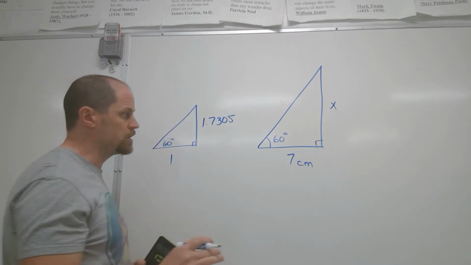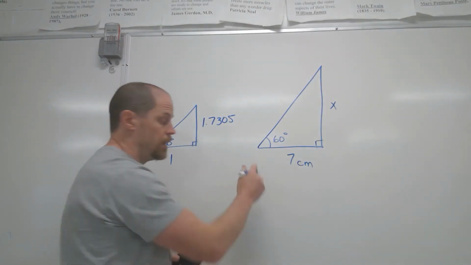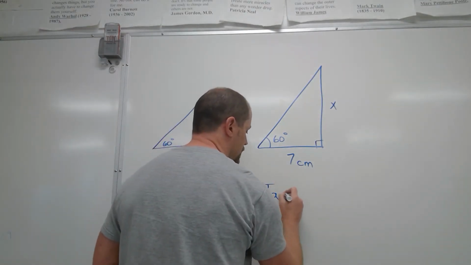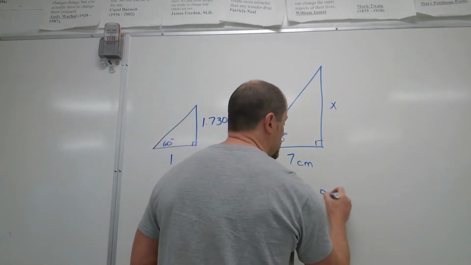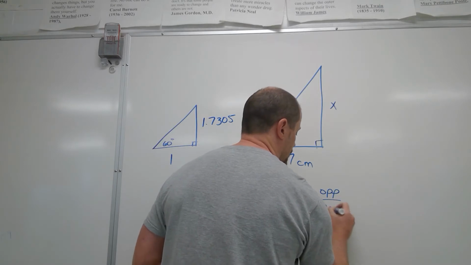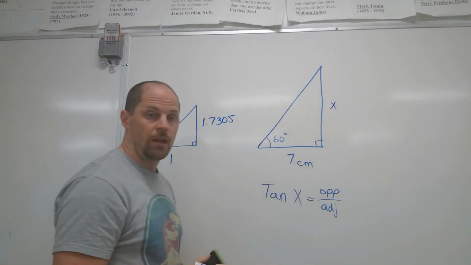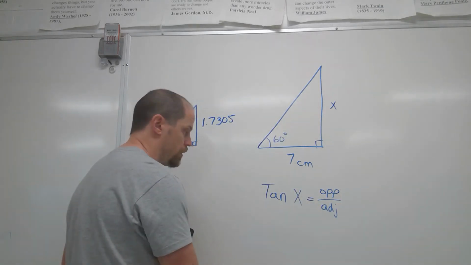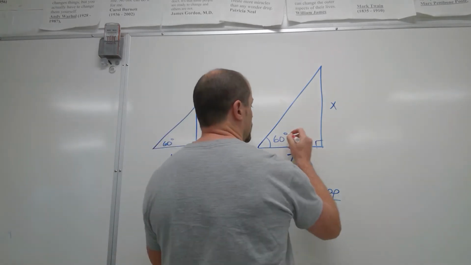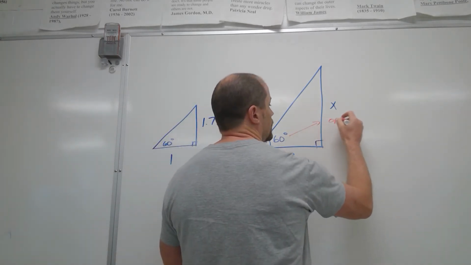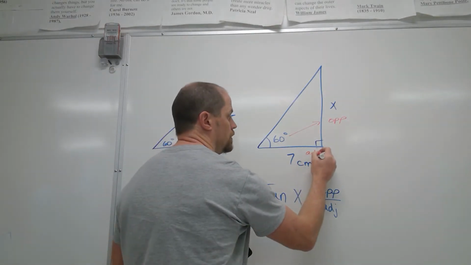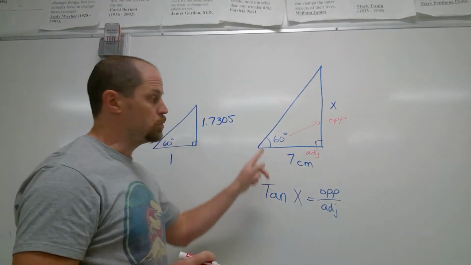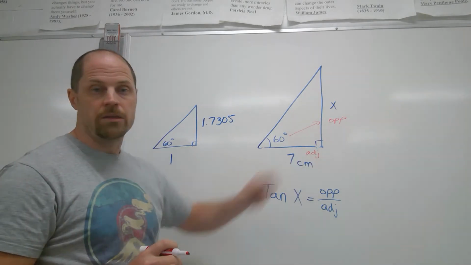So how this works is we're going to use a formula, and it's always the tangent of the angle is opposite divided by adjacent. If we go into our triangle, we've already learned that opposite is the far side, adjacent is between the chosen angle and the right triangle.